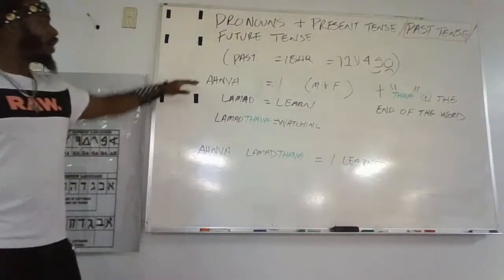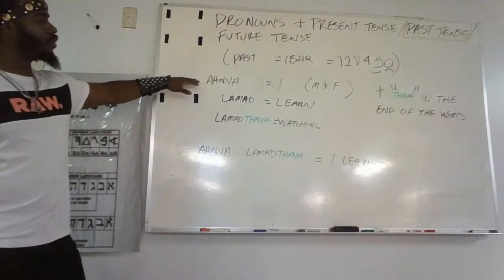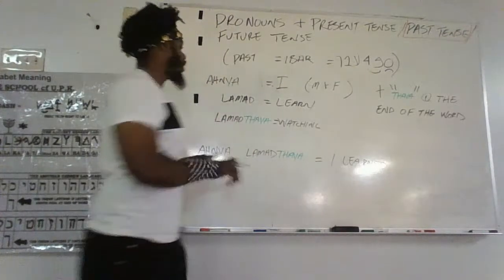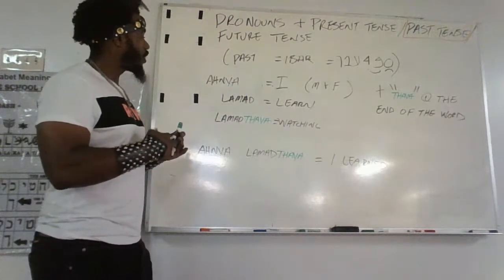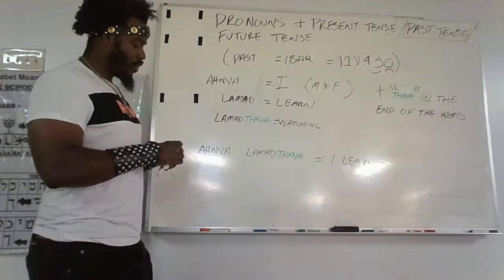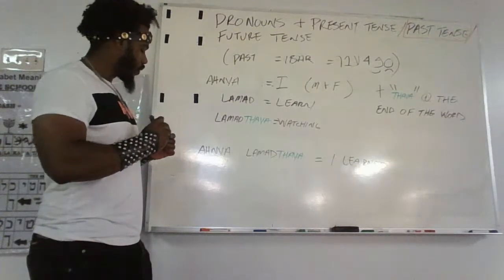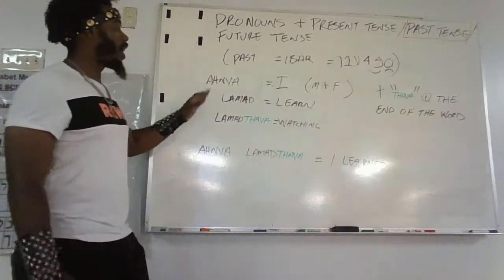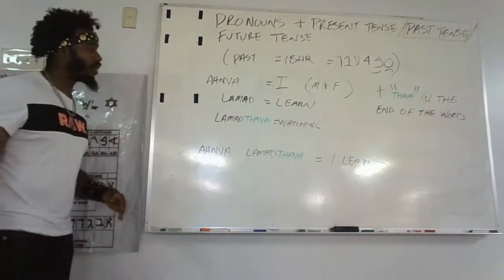All right. The word that we're using is Anya. Anya means I. The word that we're doing different contexts on is the word lamad, which means to learn. All right.